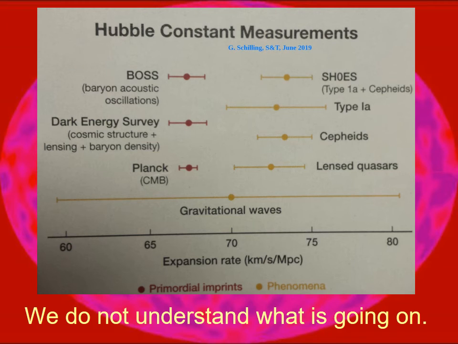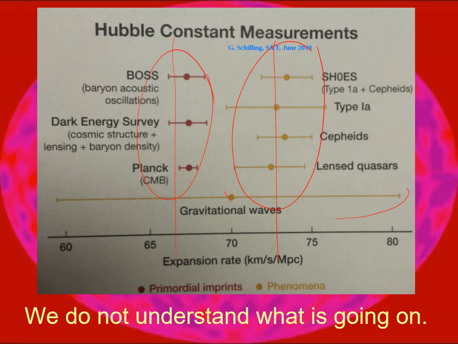So here are some measurements of things that are in the universe, and those are the values they get, relatively high values. If you measure the background radiation and other structures there, you get a lower value. And that's very, very consistent. So there's a huge difference depending on which way you measure. Now, the gravitational waves give something in between, but the range of uncertainty is absolutely enormous there.